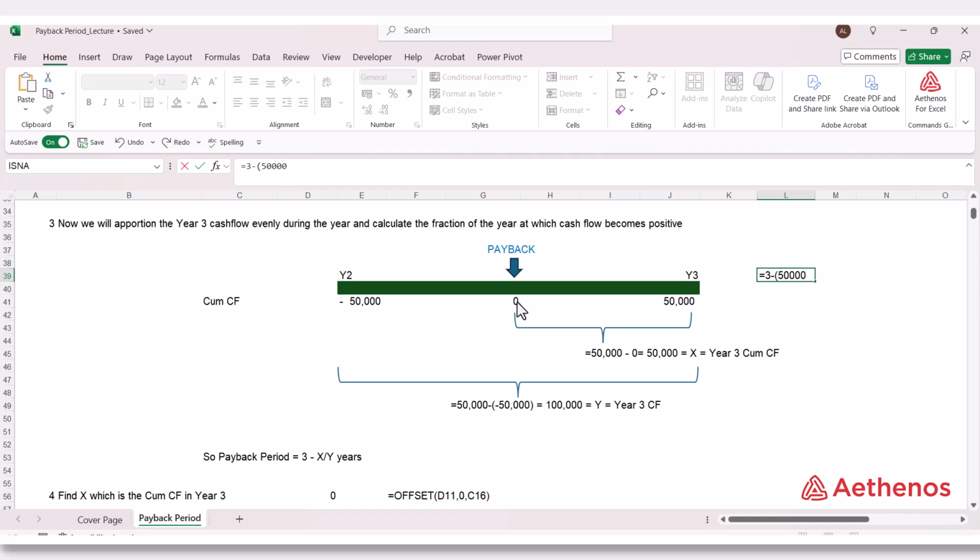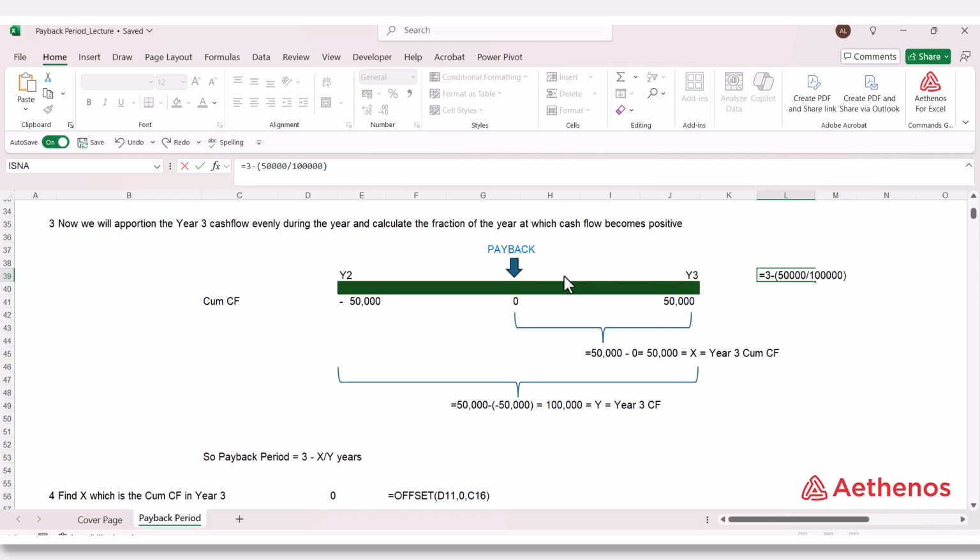So from the 0 point up to here there was 50,000 cash flow, and if I apportion this across the total period from year 2 to year 3, which was 100,000, as a proportion it's 50,000 divided by 100,000. That is the fraction that I need to reduce from 3 to get the payback period.